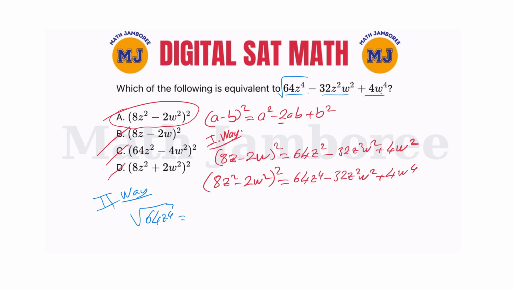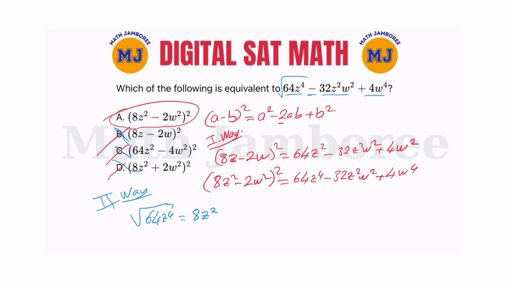The square root of 64 is 8, and the square root of z to the power of 4 is z squared. So you're looking for 8z squared, and if you think of that, choice B is not the answer, C is not the answer. D might be, but because of the sign, D is still not the answer, and you can just go ahead and say that choice A is the answer.